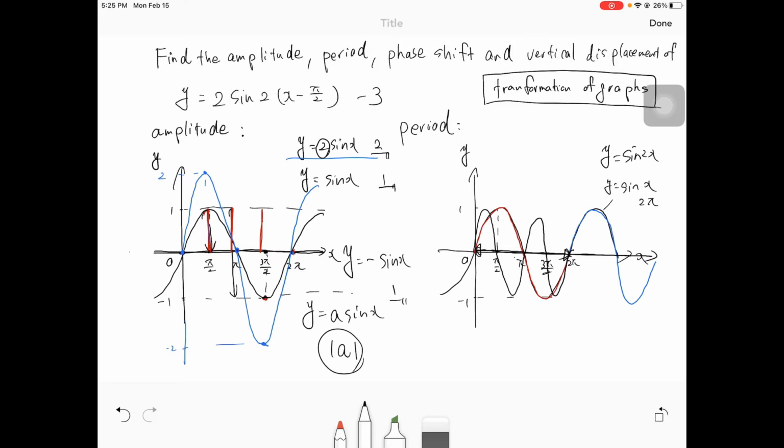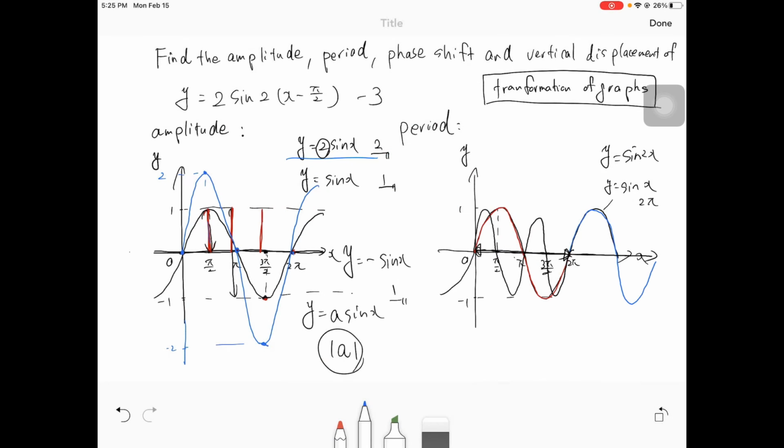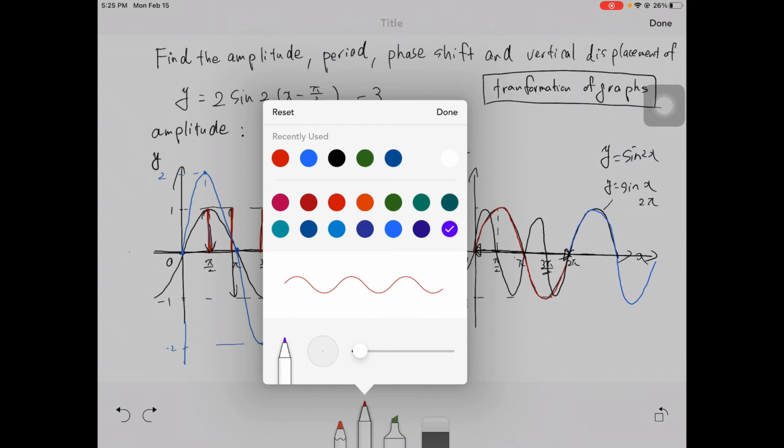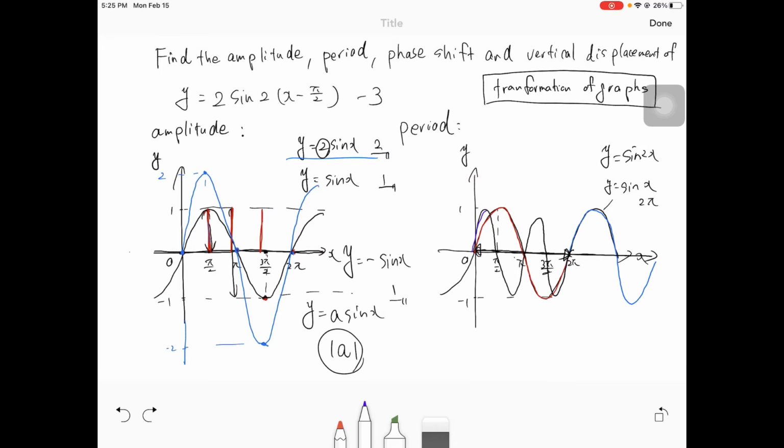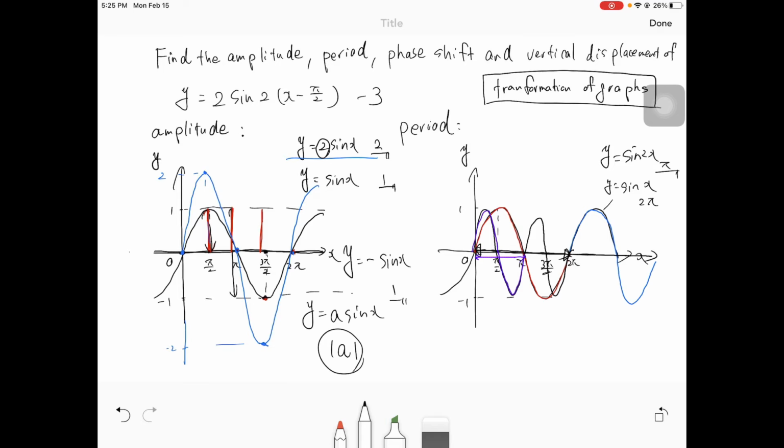It's going to be like that. So the small interval is here, this one. Maybe it's better to change the color. Let me use purple. So this is one small interval from here to here. In this case, the period is pi.